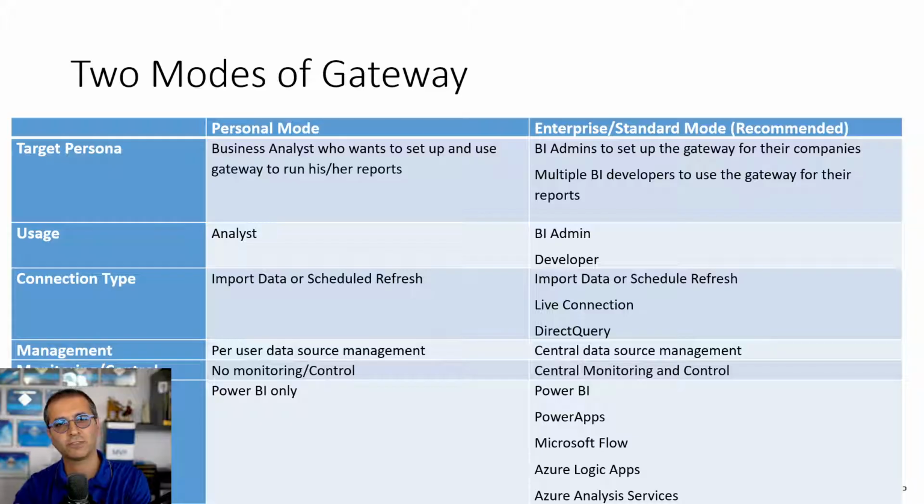It's a gateway not just for Power BI. You can use it for Logic Apps, for Power Apps, for Microsoft Flow, which is Power Automate, Azure Analysis Services. It gives you team control over the gateway. You can share it with others, and that is the gateway we will be discussing more about in this video.